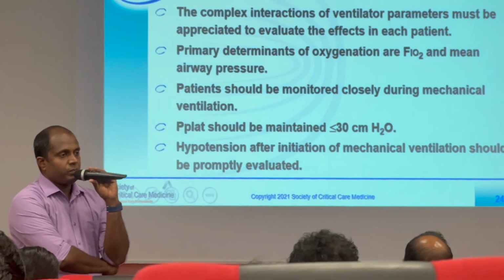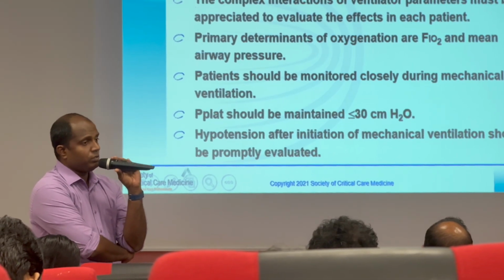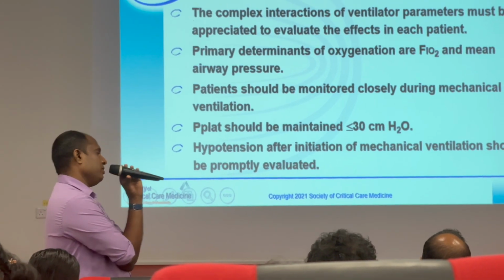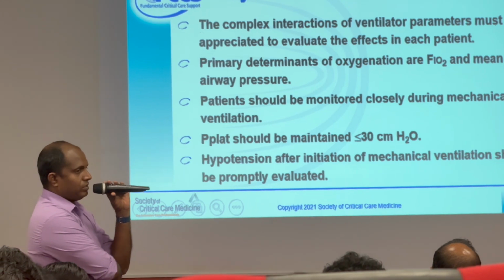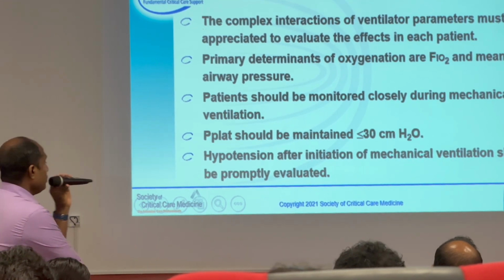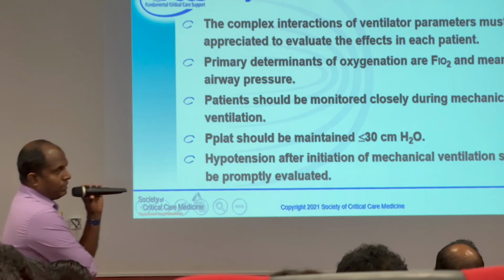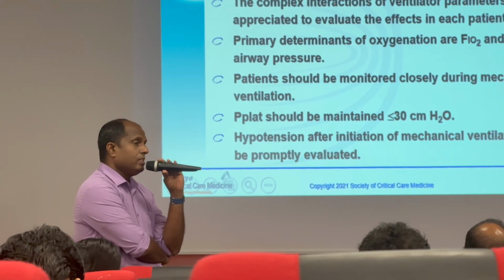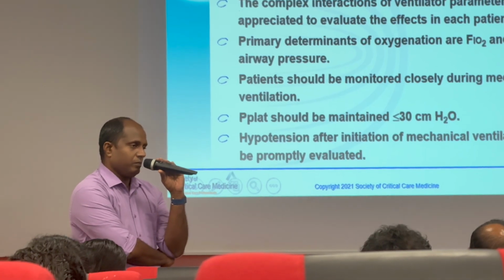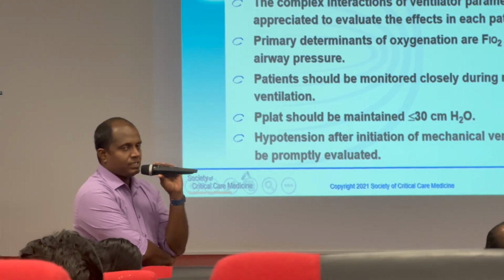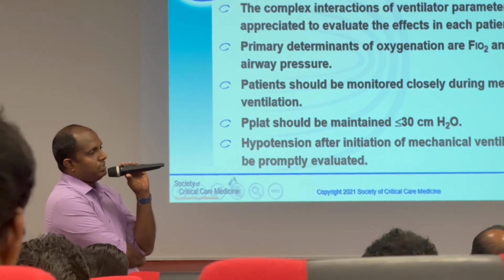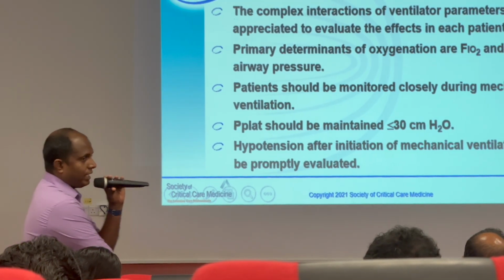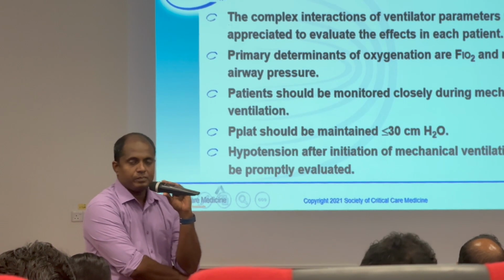Keep more expiratory time, preferably not more than physiological: 1:2, 1:2.5, even 1:3 you can go. If you're not able to control the air stuck inside, you can disconnect the ventilator. And treat the underlying bronchospasm with bronchodilators, magnesium sulfate, steroids, and newer agents like ketamine.